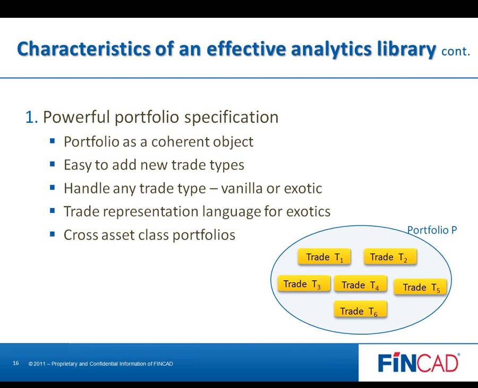It should be easy to support new types of trade within a portfolio system, and the analytics library should enable that. If the analytics library has a trade class, then by creating an instance of a trade with the new type, all analyses should automatically be available, both at the trade level and also at the portfolio level.